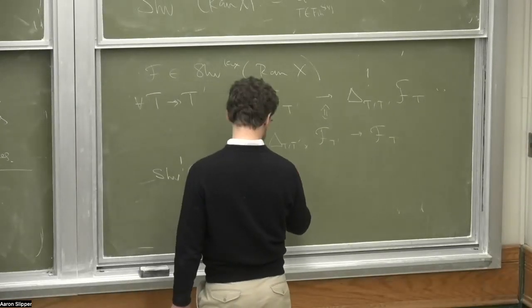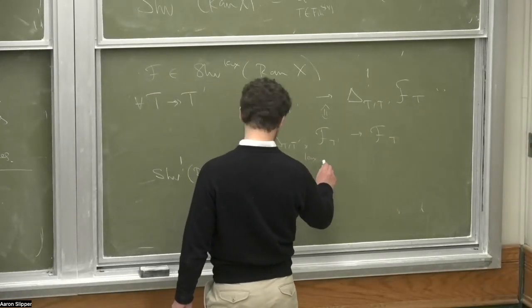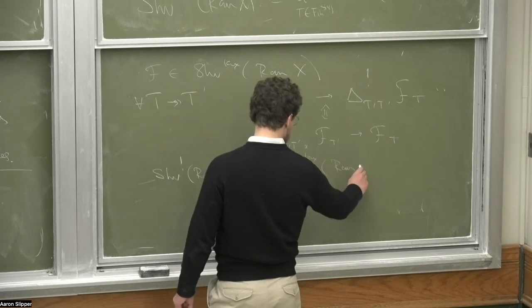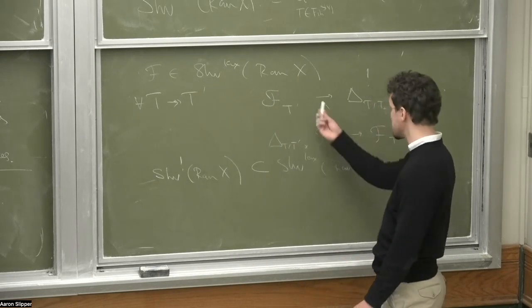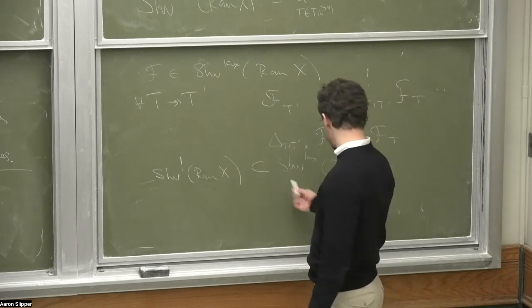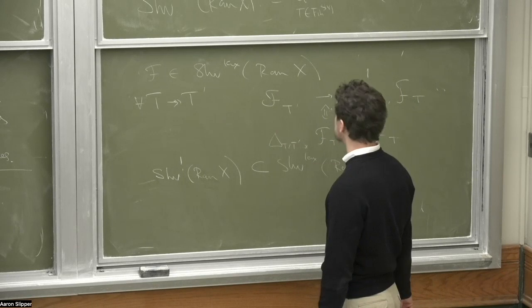Okay. So the category of sheaves is a subcategory where you just impose the condition that all these maps are equivalences. But in general, we work in this larger category.